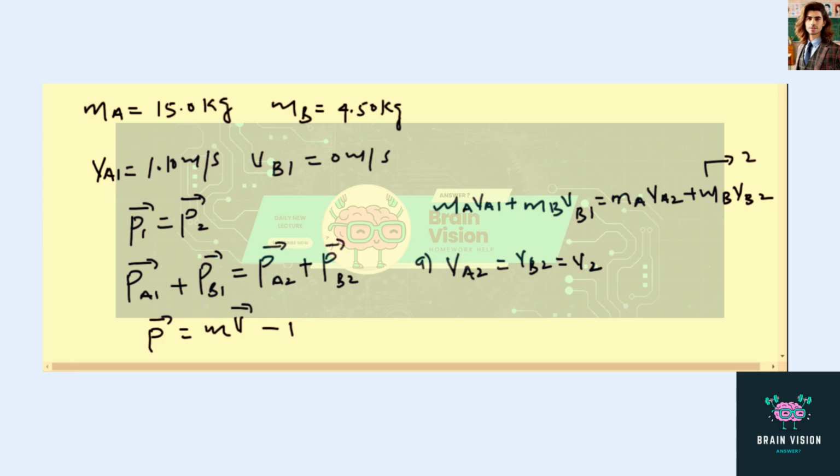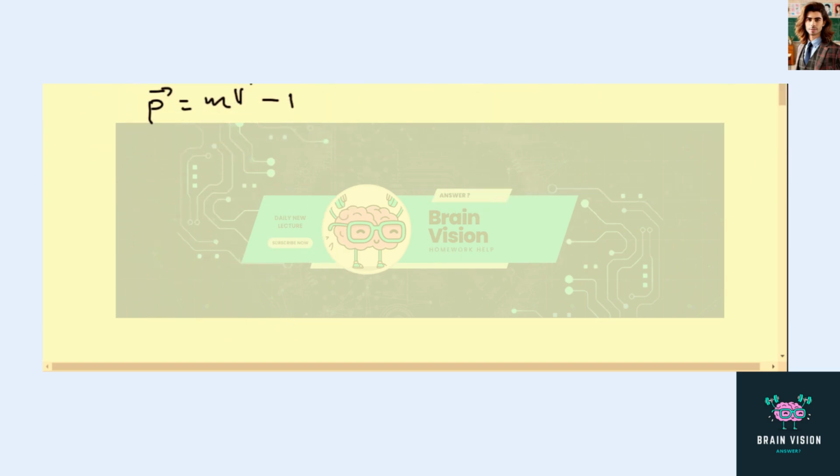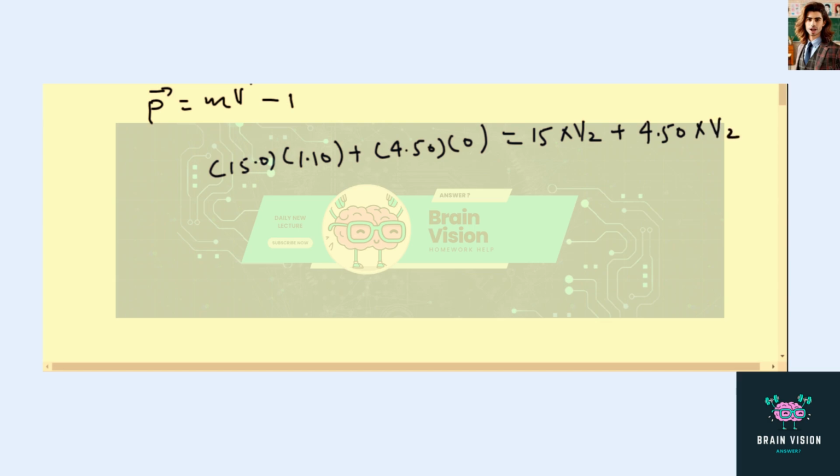Now we plug our values for MA, MB, VA1 and VB1 and substitute V2 into equation number 2. So we have 15.0 times 1.10 plus 4.50 times 0, that is equal to 15 multiplied by V2 plus 4.50 times V2.